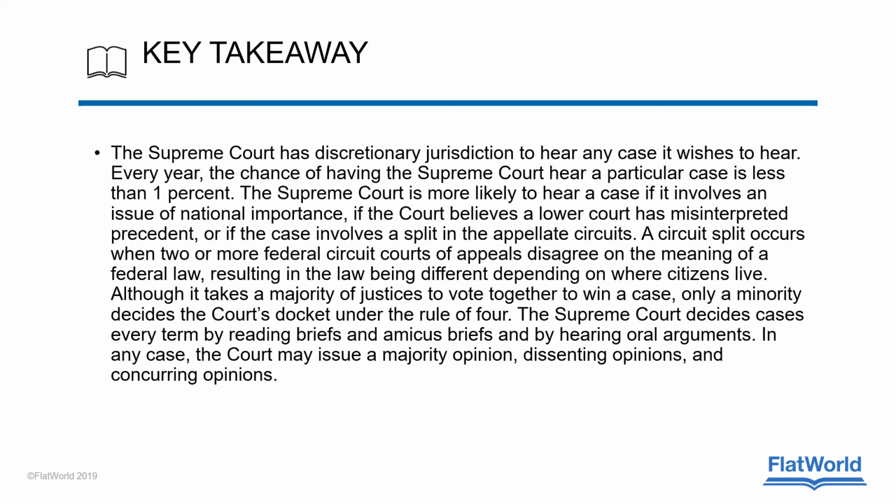Although it takes a majority of justices to vote together to win a case, only a minority decides the court's docket under the rule of four. The Supreme Court decides cases every term by reading briefs and amicus briefs and by hearing oral arguments. In any case, the court may issue a majority opinion, dissenting opinions, and concurring opinions.